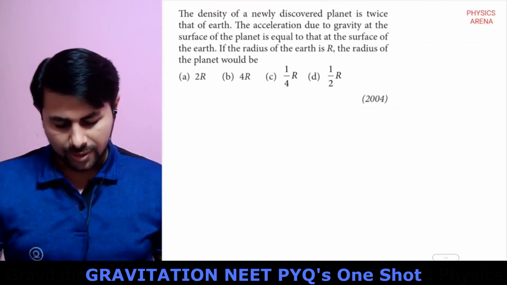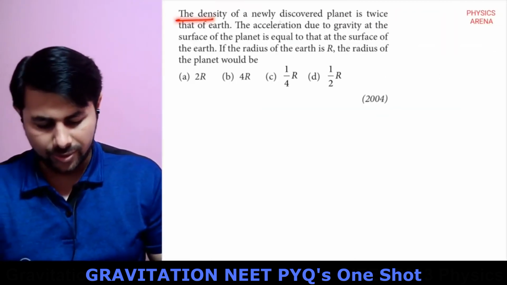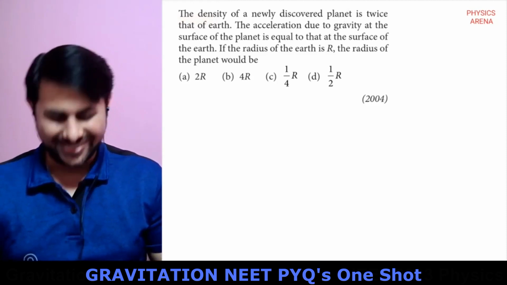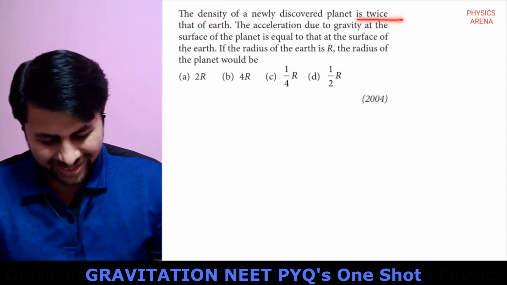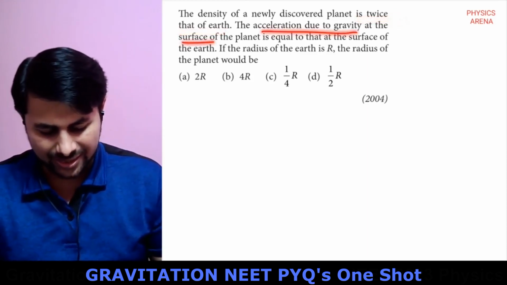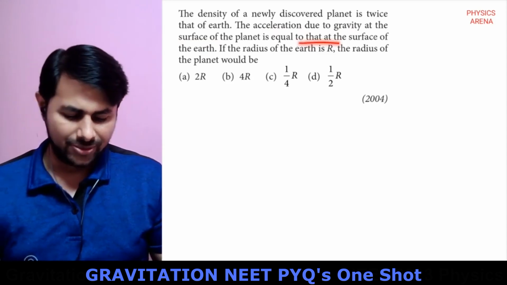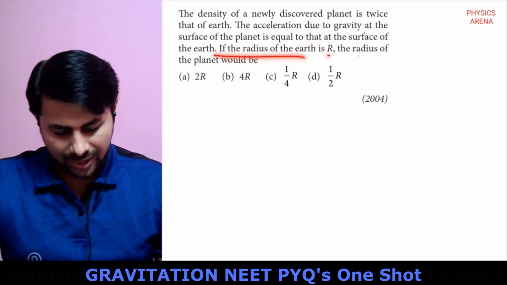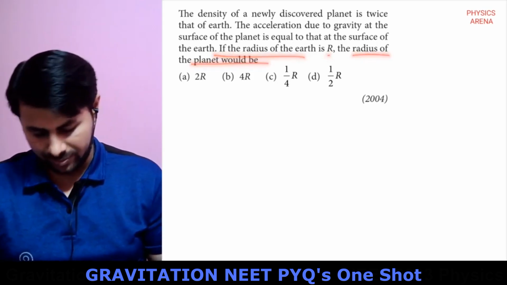Next question. The density of a newly discovered planet is twice that of Earth. The acceleration due to gravity at the surface of the planet is equal to that at the surface of Earth. If the radius of Earth is r, the radius of the planet would be?